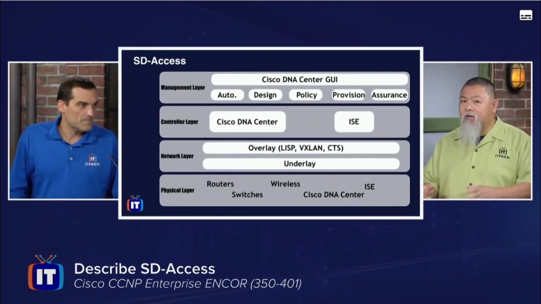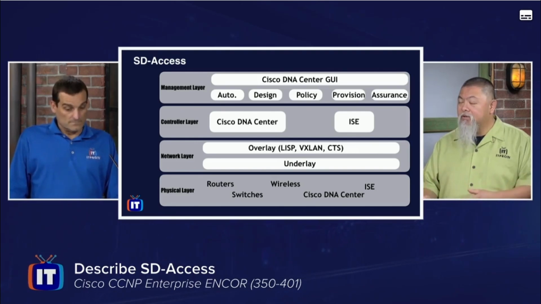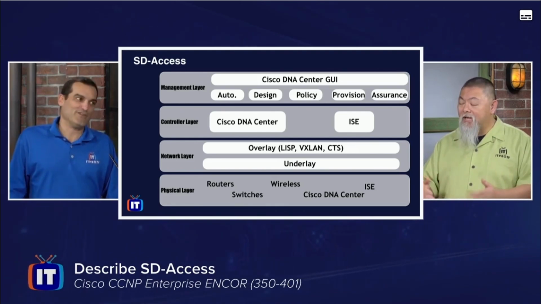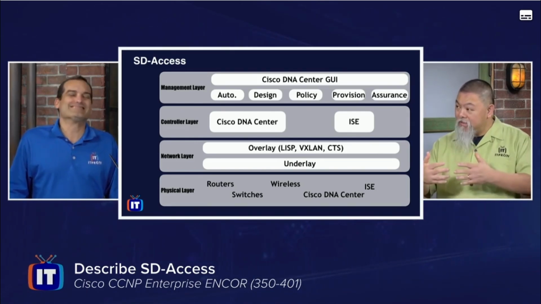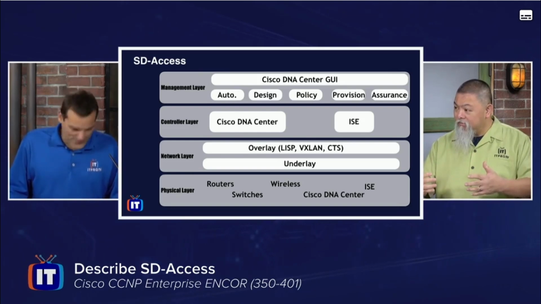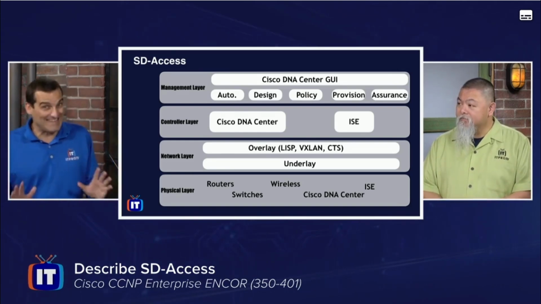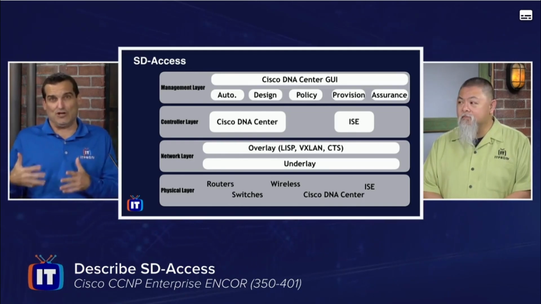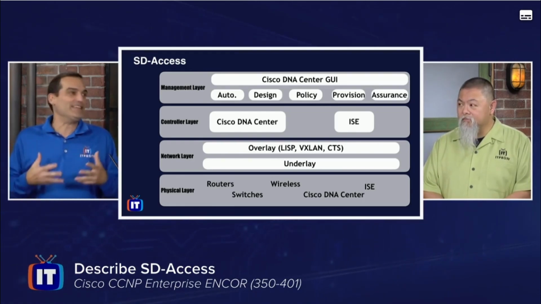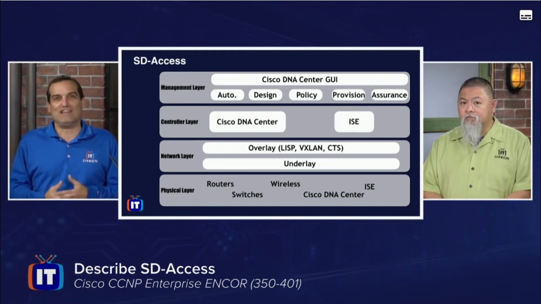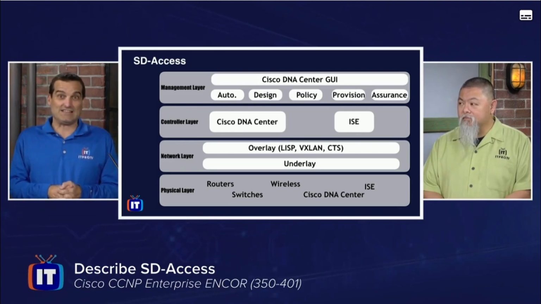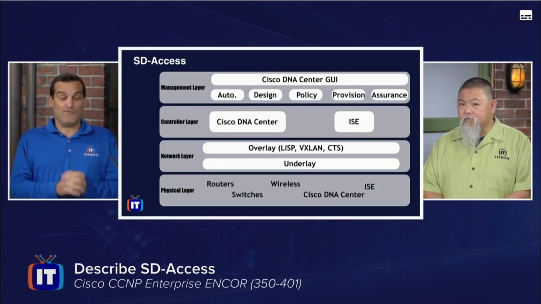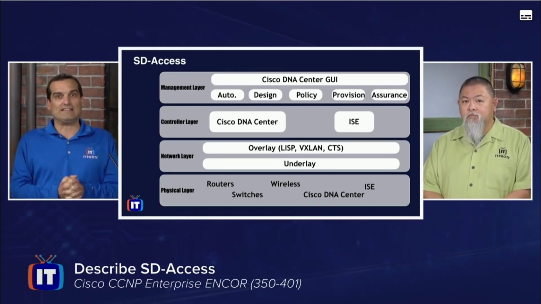So as I'm looking at this diagram, in the controller layer there, you have both Cisco DNA Center and ISE. Do they have to be together? Great question. First of all, technically, the ISE would be optional, although to get every possible functionality out of SD-Access, you would want ISE for sure right next to DNA Center.